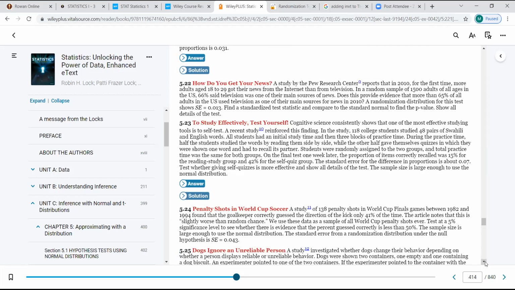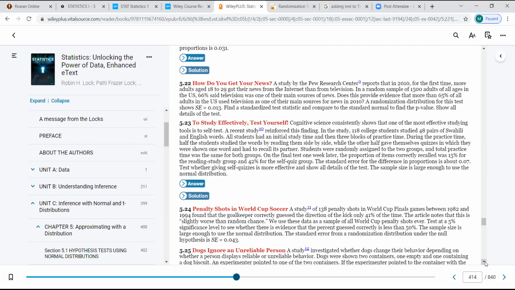Test whether giving self-quizzes is more effective and show all details. The null hypothesis is that P1 minus P2 is equal to 0. There's no difference between the 2 groups. And the alternative hypothesis is P1 minus P2 is greater than 0. Everybody clear on that?